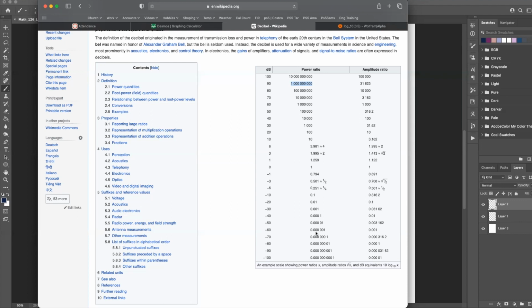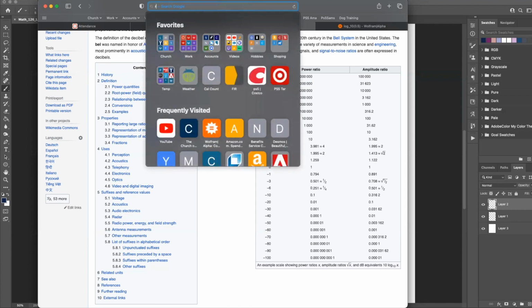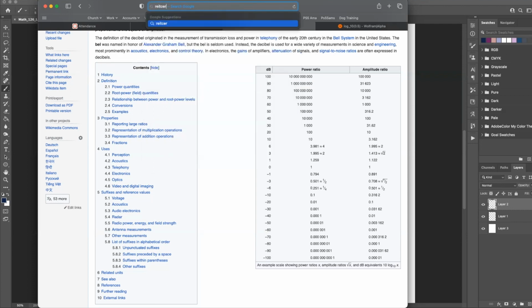Log scale is very common in engineering. You may choose a field where you don't use it, but a lot of things are log scale. Like the Richter scale, isn't the Richter scale a log scale? Let me double check that, for earthquakes.